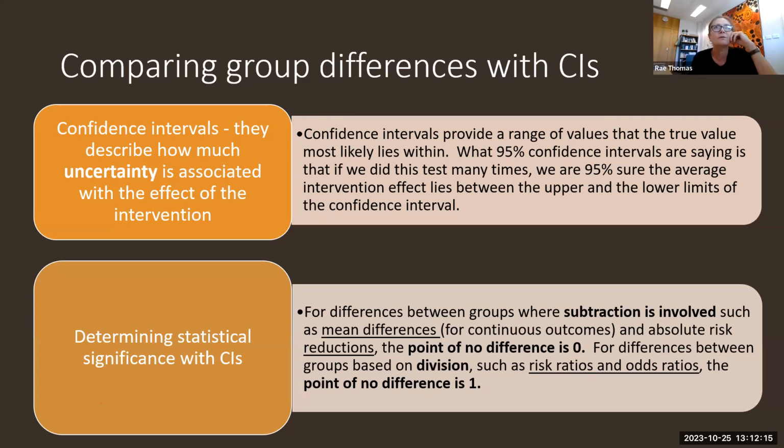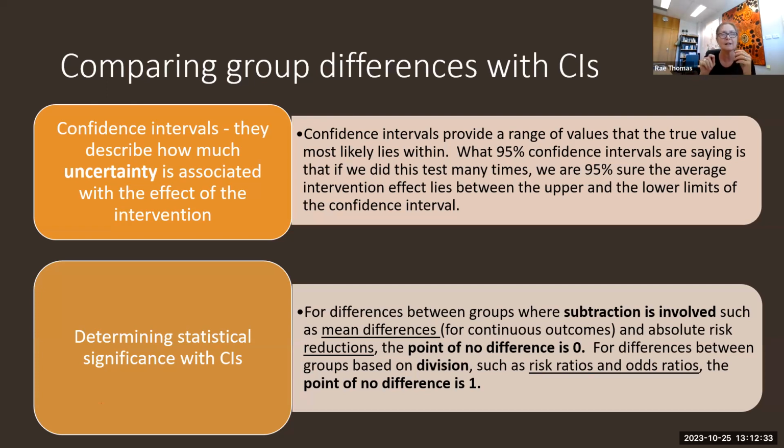The confidence interval provides a range of values within which the true value possibly sits. Just like that 95% p-value I told you before, 0.05, what we usually see are 95% confidence intervals.